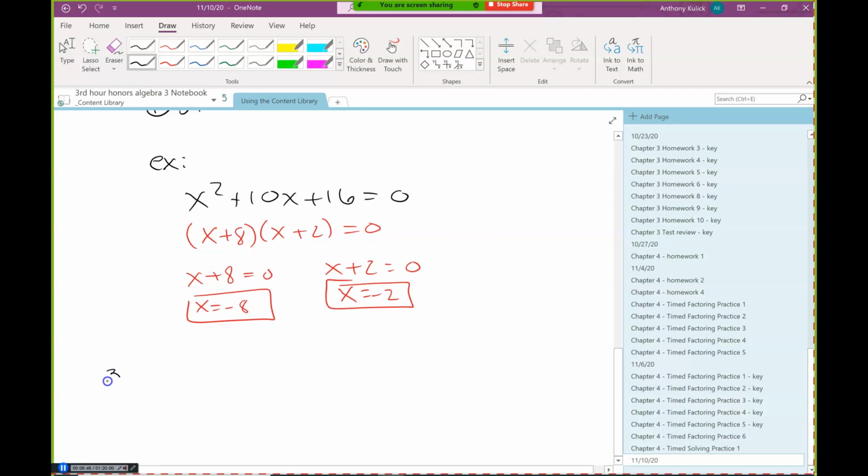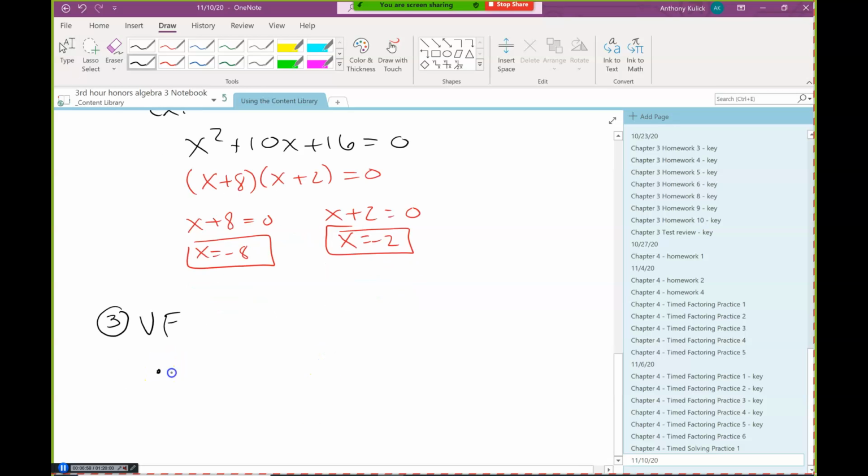So let's say we have a quadratic that's in vertex form. For vertex form, use just the reverse order of operations to solve that quadratic directly.